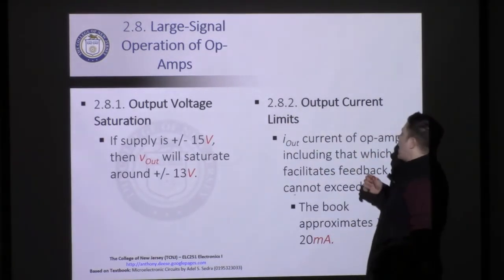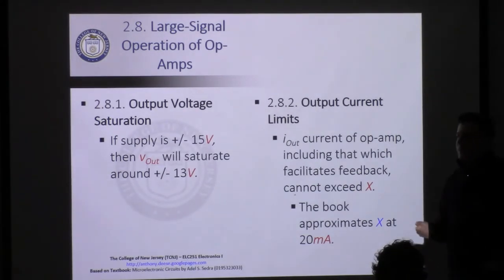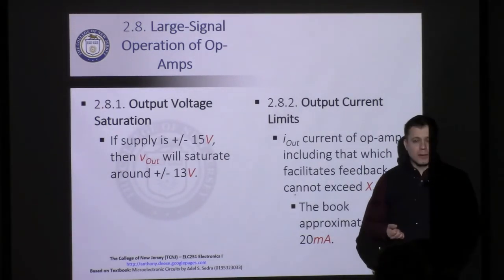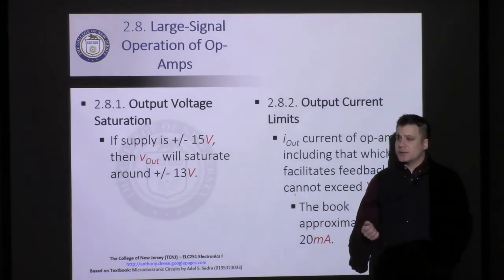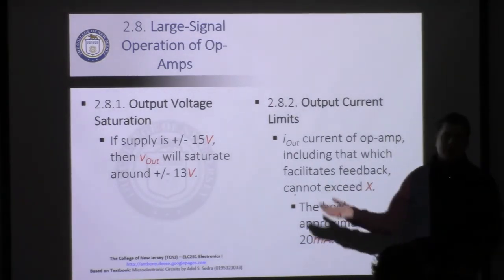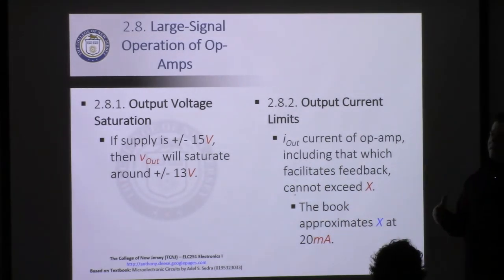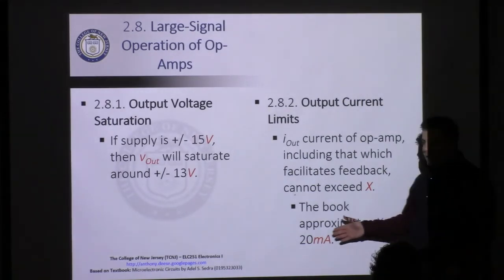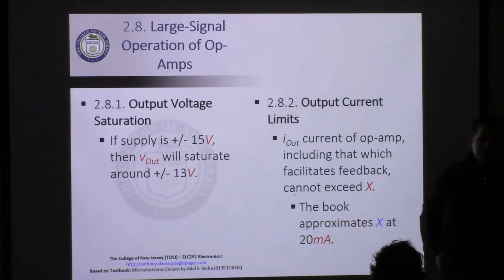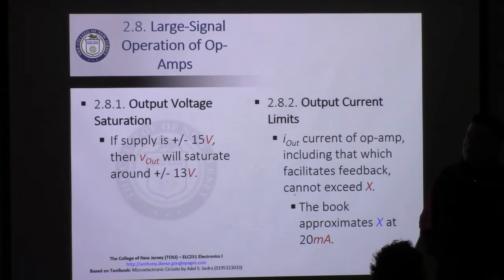Then we also have output current limit. Anyone who's ever burned out an amplifier before has experienced the effect of this, right? The amplifier cannot just supply some infinite amount of current. The transistors and components inside of it are not able to handle that kind of heat dissipation. The value that the book gives is approximately 20 milliamps, which is what a lot of the instrumentation type amplifiers you'll see will give you.